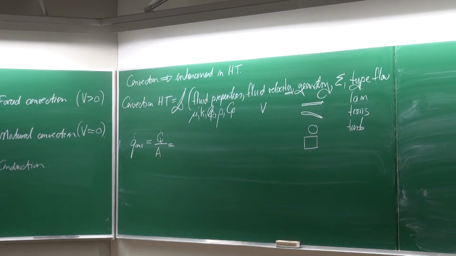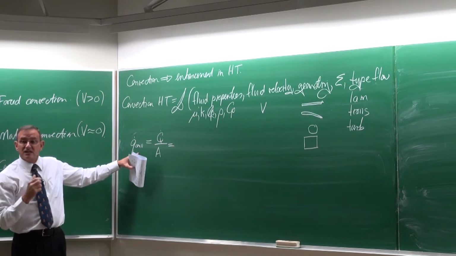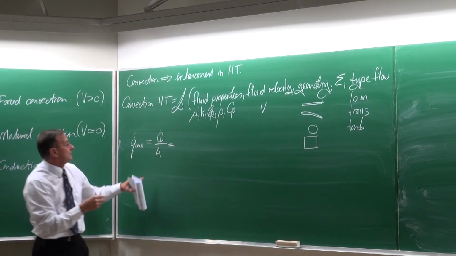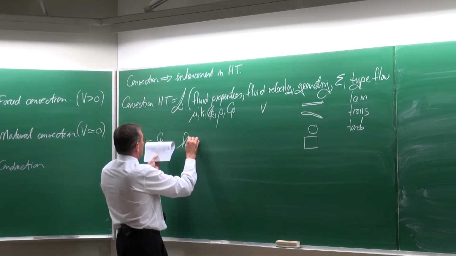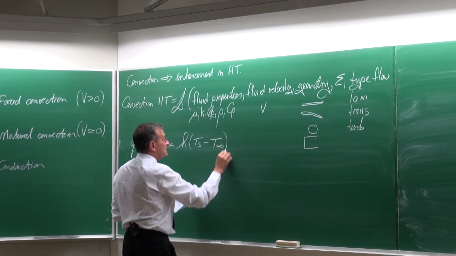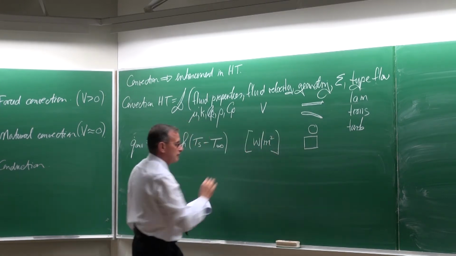Okay. So the convection heat transfer, this is a flux, this is the heat transfer rate per square meter, is equal to the heat transfer coefficient multiplied by Ts minus T infinity, and the units is in watts per square meter, the heat flux.